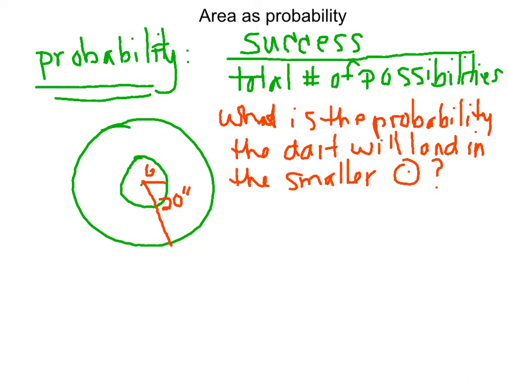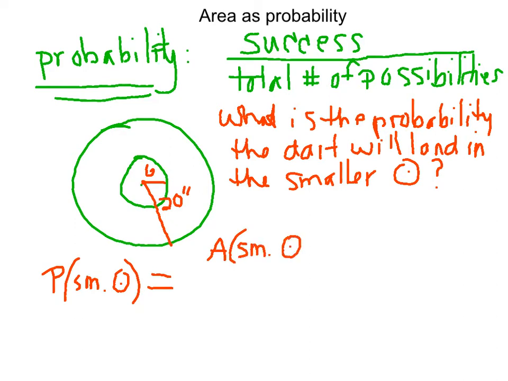Alright, so if we analyze what we have above for probability, the probability of the smaller circle equals the area of the smaller circle, because that represents success, over the total number of possibilities. We were told that the dart has to hit within the big circle. So that means that our total number of possibilities would be the area of the large circle.